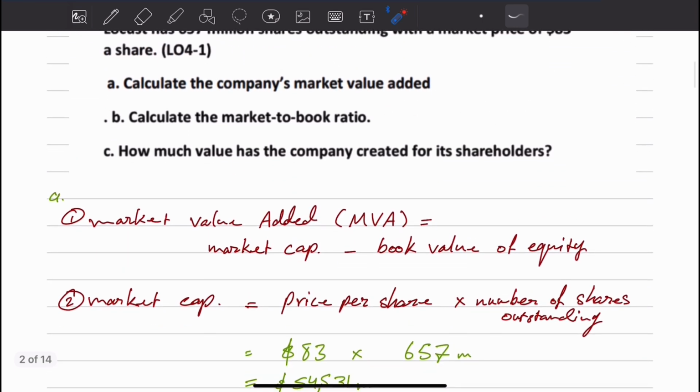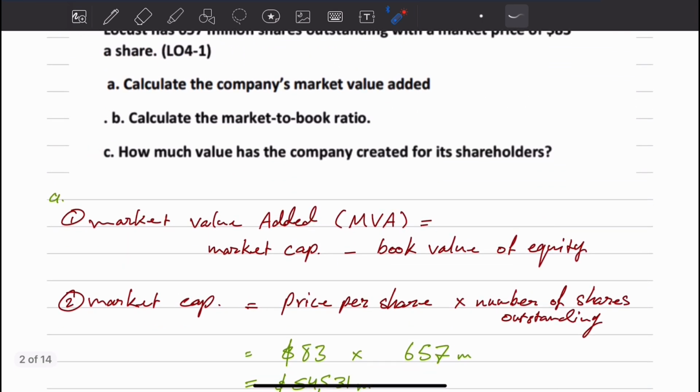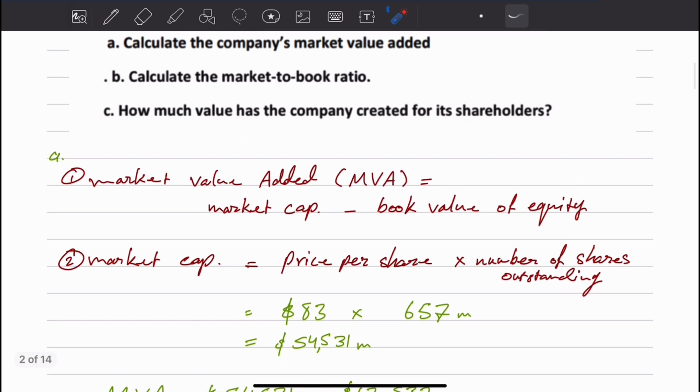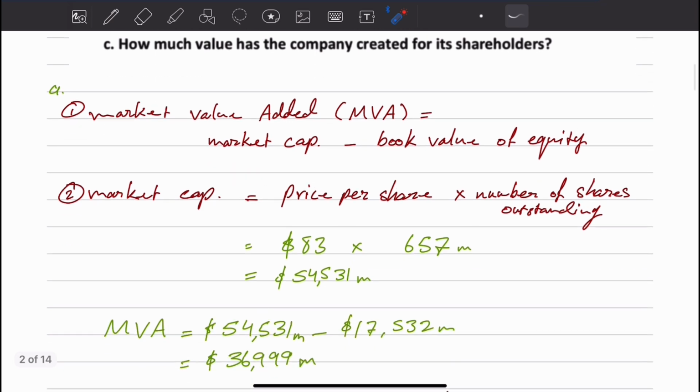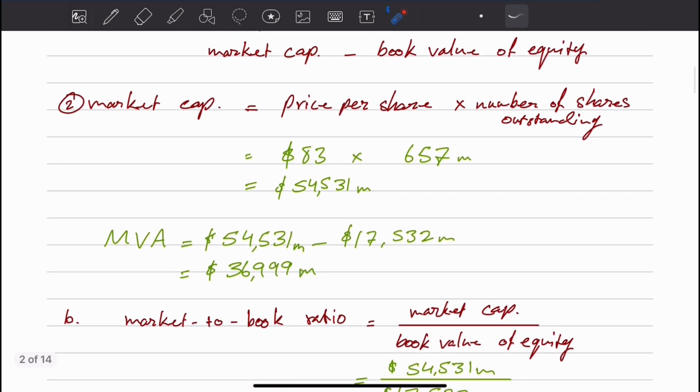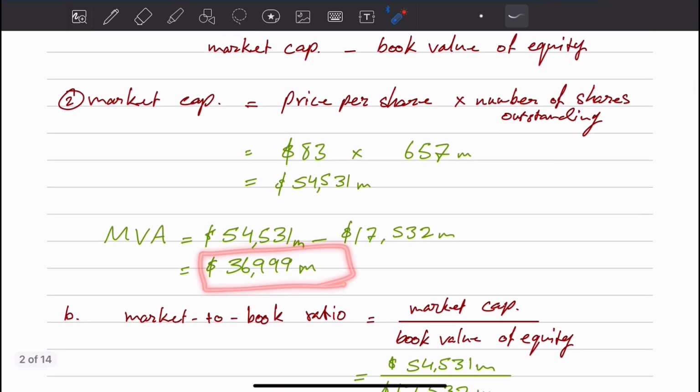Now let's see the last part. Part C says how much value has the company created for its shareholders, if any. So have they actually created value? Clearly yes, because the market value added calculation gave us 36,999,000,000 of market value added.